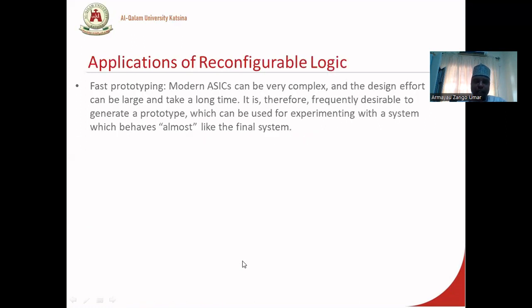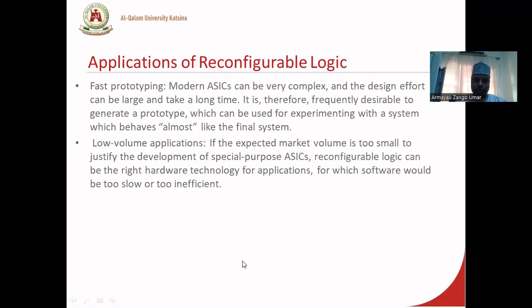They have applications in prototyping. Sometimes even if we want to design ASICs, we may want to prototype using configurable logic. It can also be used for experimentation. Again, as I said earlier, if the volume of the application is not going to be mass market, we can go for configurable logic.